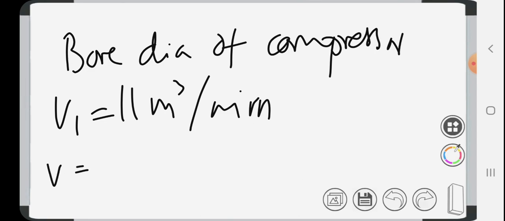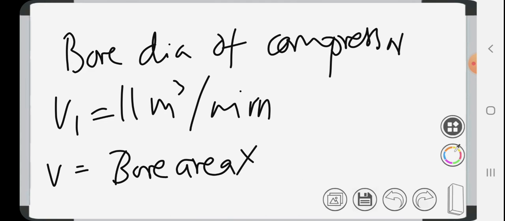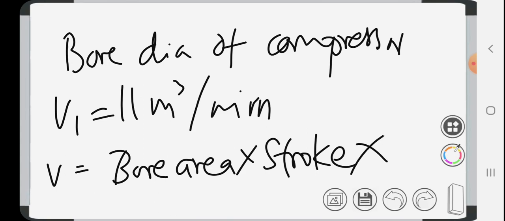bore area into stroke length, into speed, will give you piston displacement V dot. If it is double acting you have to multiply it with 2.